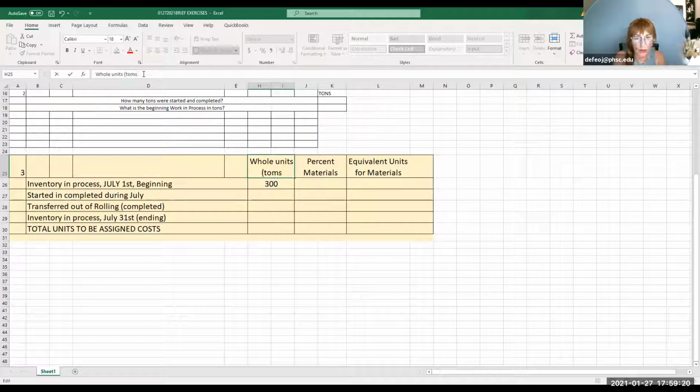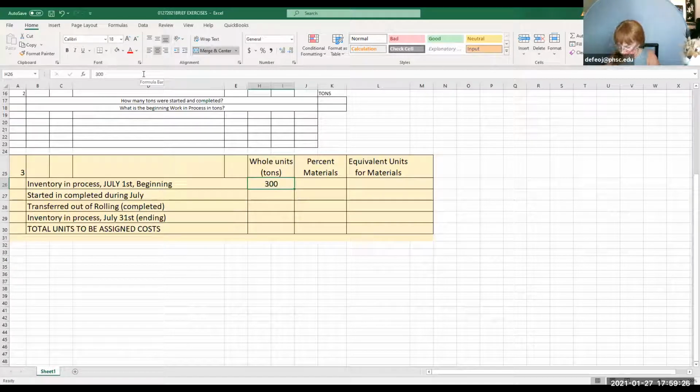The more you label things, the better your understanding. Then they tell us the rolling department of Oak Ridge Steel had 300 tons in the beginning work in process, 25% complete on July 1st.